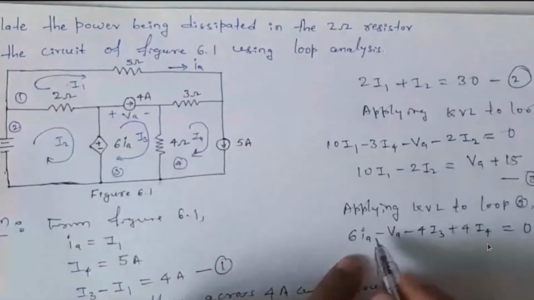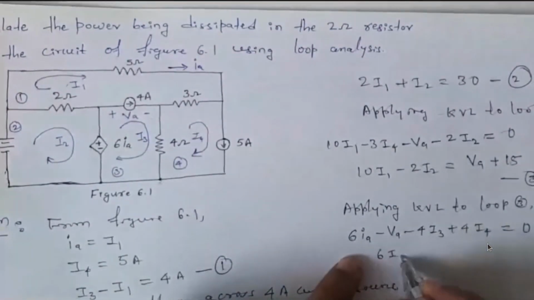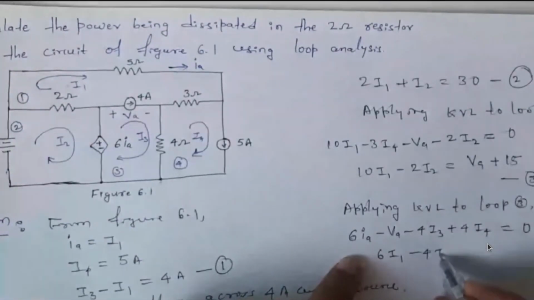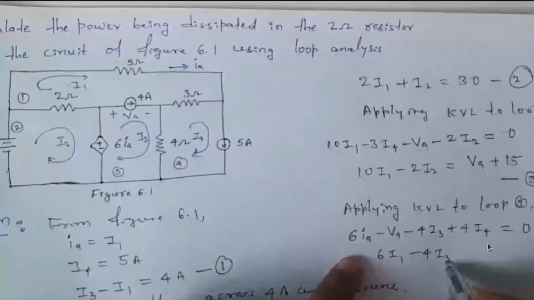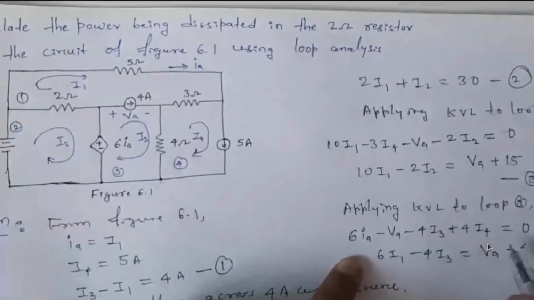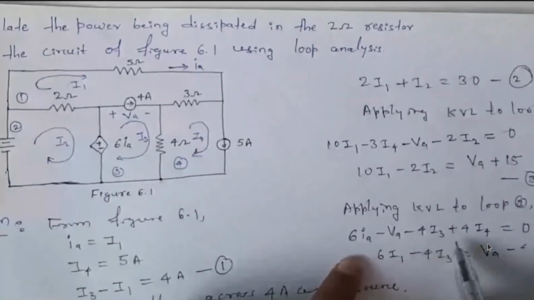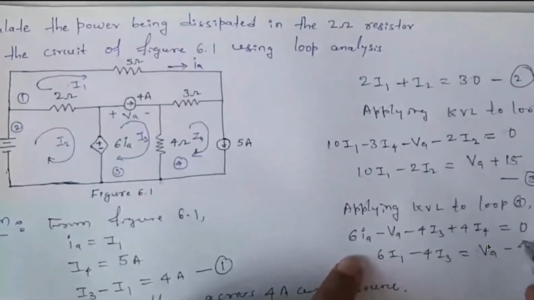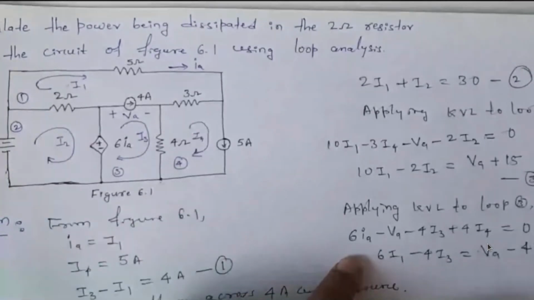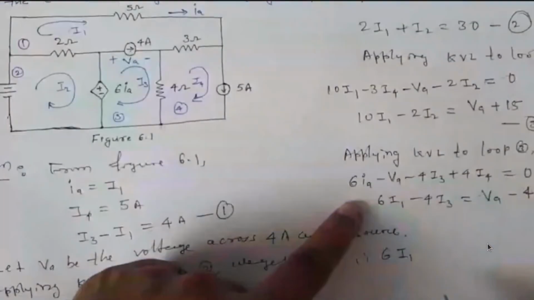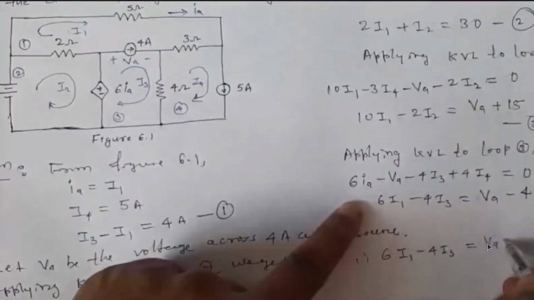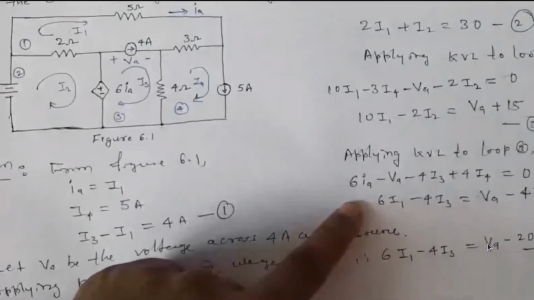Or because IA is equal to I1, 6 I1 minus 4 I3 is equal to VA minus 4 I4. I4 also we can substitute. Therefore, 6 I1 minus 4 I3 is equal to VA minus 20. Call this equation number 4.